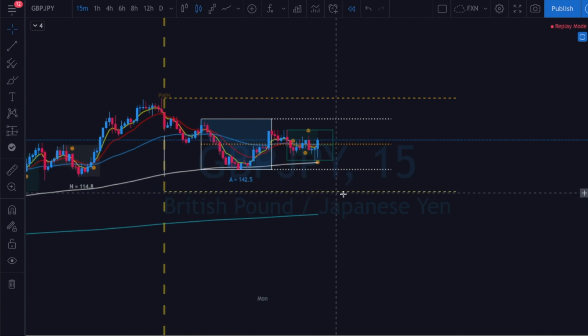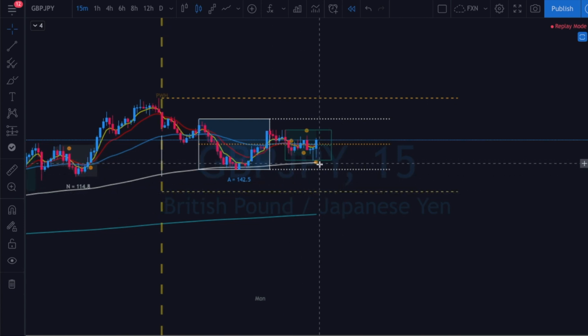Now you see how the 200 is blocking price from moving straight down to the bottom of the range. Very likely, guys, because of this type of behavior and because of the EMA being here, we're not going to get price to come back down to the bottom of the range to get a setup.